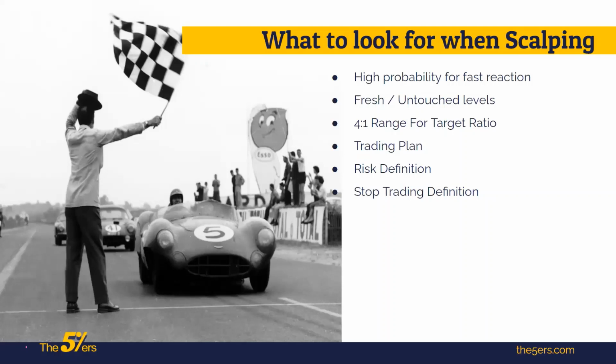So when everybody learns to trade, we are being taught to look for a 2-to-1 risk ratio, 4-to-1 risk ratio.